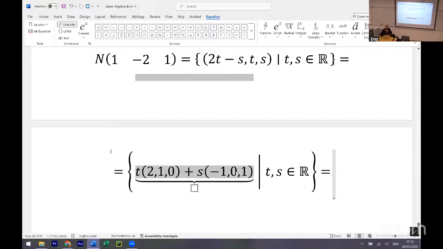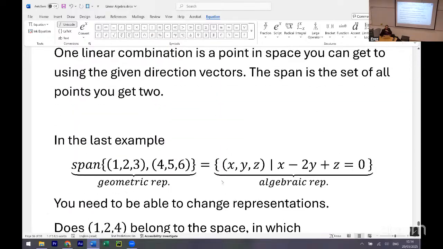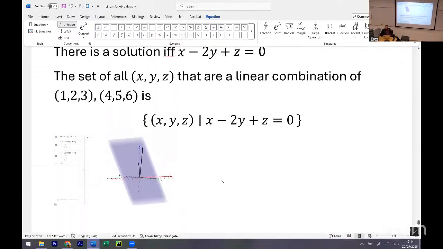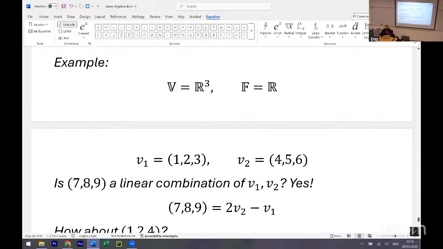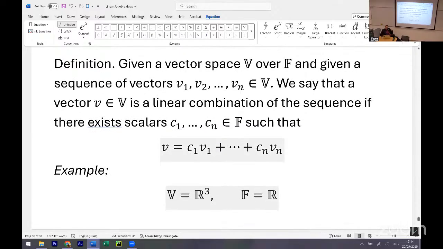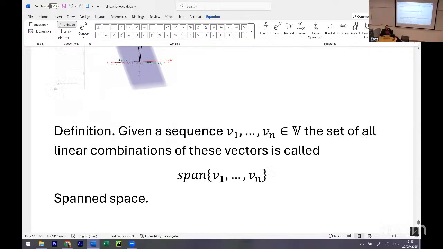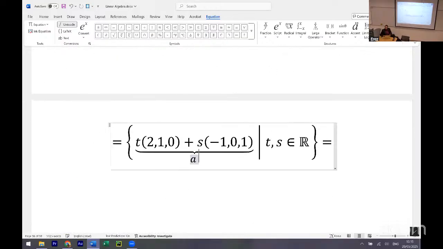What did we call it just now? It's that, right? And what is that being called? A linear combination. This is simply a linear combination.